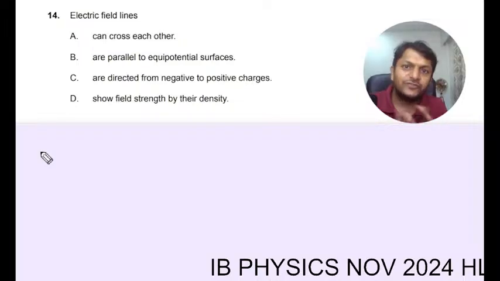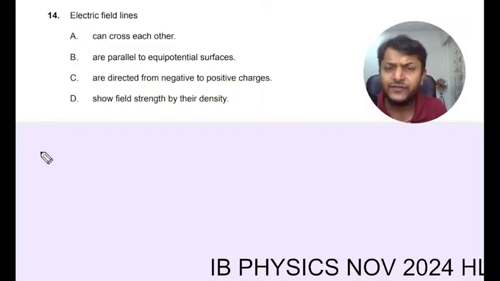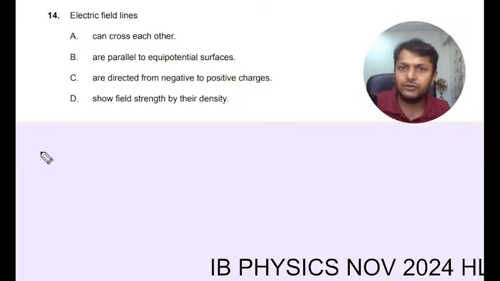The complete playlist for D1 will be there. The characteristics of the gravitational field lines are absolutely the same as the electric field lines. Even the gravitational equipotential surfaces and the electric equipotential surfaces are almost the same. Of course there are a couple of differences, but you can understand the majority of the things.